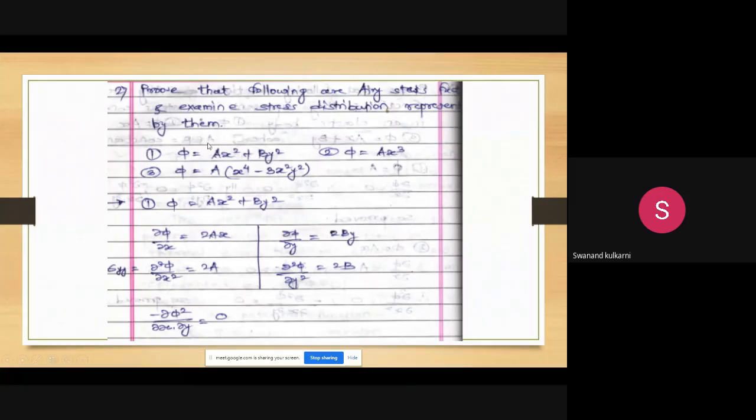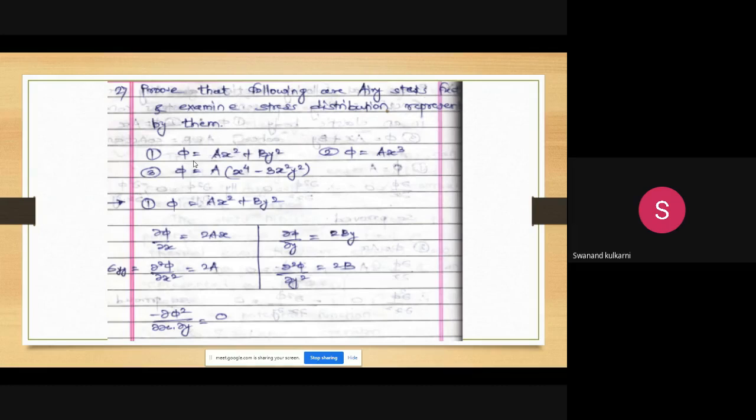Suppose phi is the Airy stress function, then first of all, how to check that this example of Cartesian coordinate system can be solved with the help of Airy stress function or not? The essential condition is that if del raised to 4 phi is equal to 0, then this equation can be solved by the concept of Airy stress function. Is it okay?